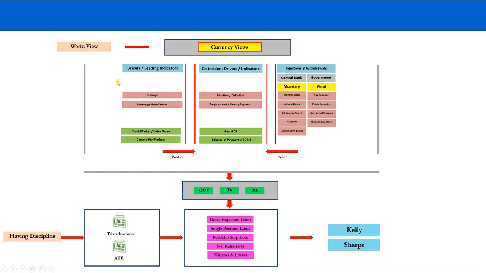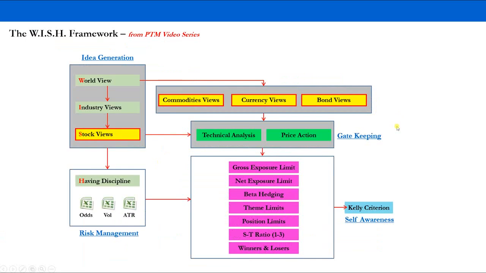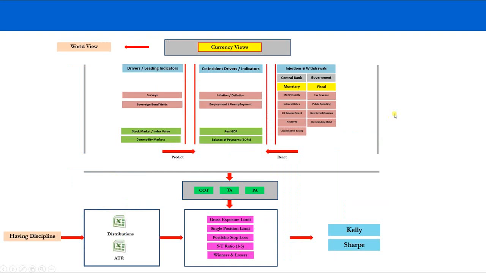And when we take a snapshot or go inside currencies, what we're doing here is looking at the currency view idea generation area. If we magnify into that, what we'll find is that our currency views occur because of a number of drivers.